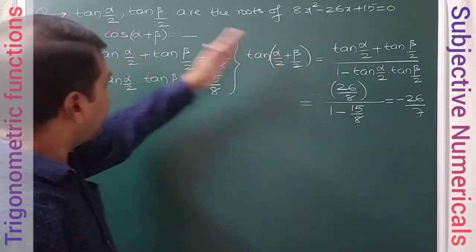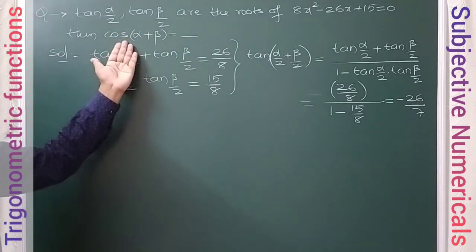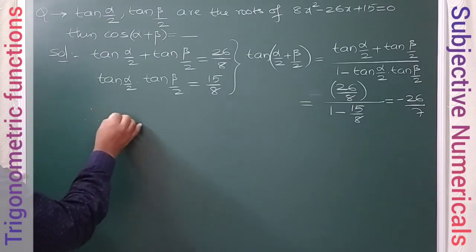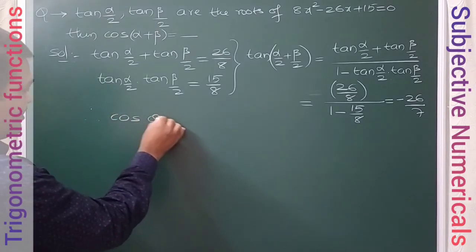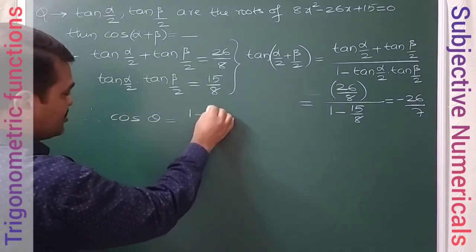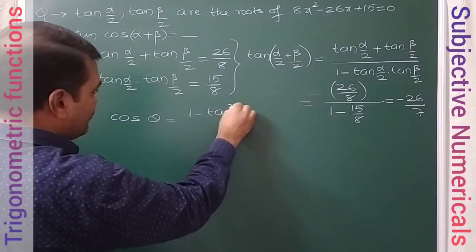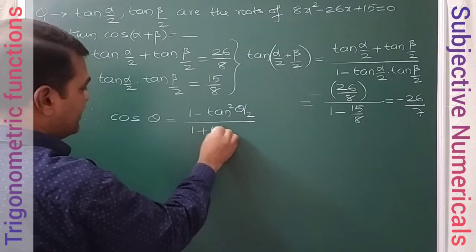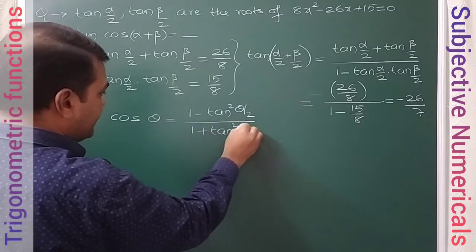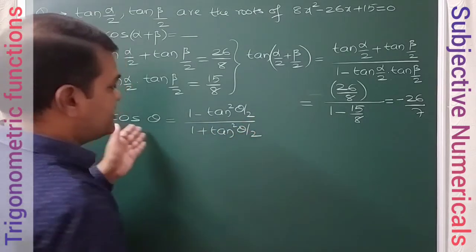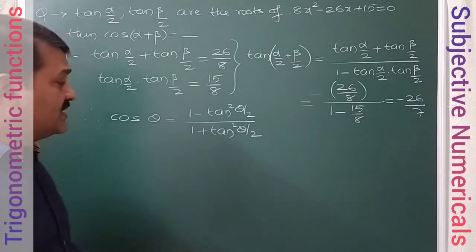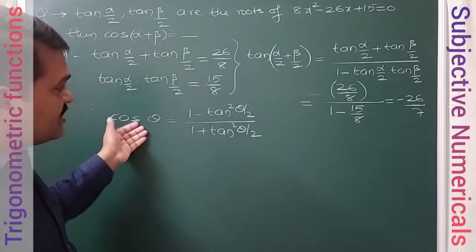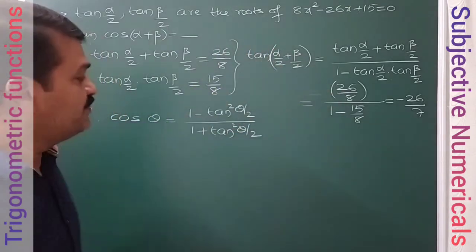Now using this, can we calculate cos of alpha plus beta? Absolutely. How? We know that cos theta in terms of tan is 1 minus tan squared theta by 2 by 1 plus tan squared theta by 2. So this is the multiple-submultiple formula. Just replace theta with alpha plus beta, such that you can use this value.